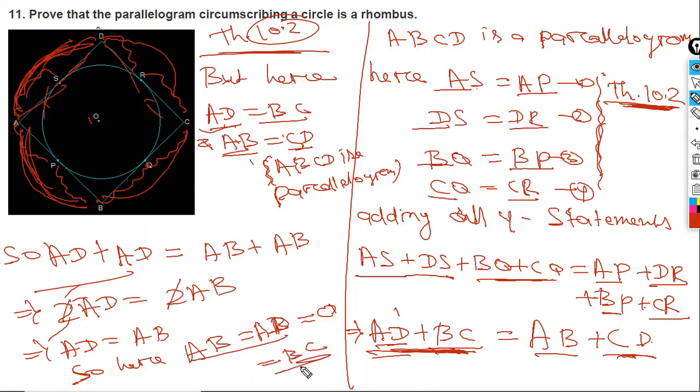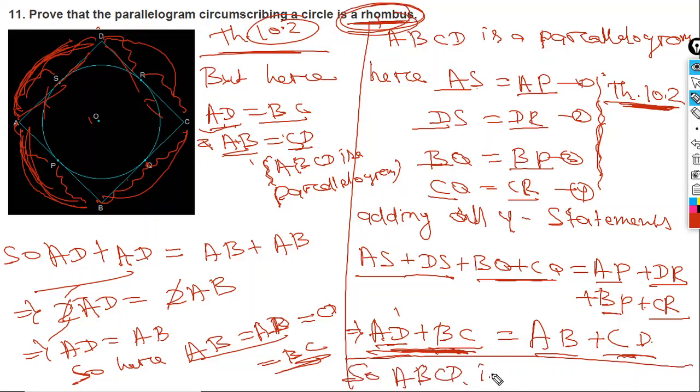That means all the four sides are equal. If all the four sides are equal, then what type of figure is that? ABCD is a rhombus. So this is the proof of question number 11.